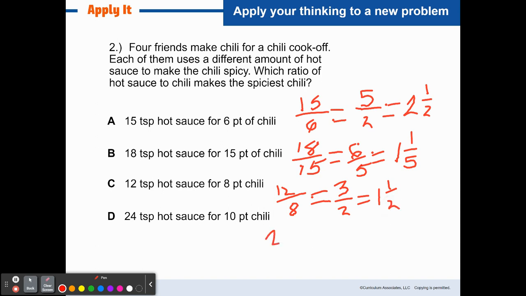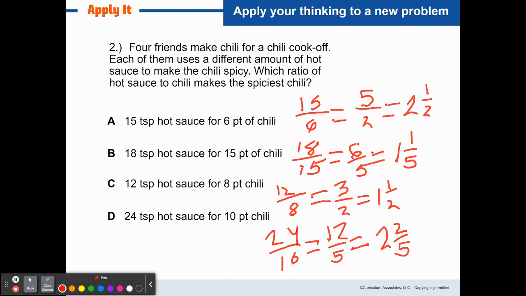And then 24 tenths to 12 fifths. That is equal to 2 fifths. So now we've just got to decide which one has the most hot sauce.